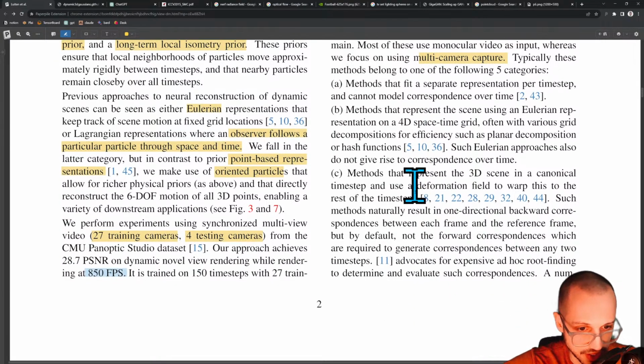So these are different types of NeRFs that are trying to add the time element in different ways that people have added them. Methods that represent the 3D scene in a canonical time step and use deformation field to warp this. Such methods usually naturally result in one-directional backwards correspondences between each frame and the reference frame, but by default not the forward correspondences which are required to generate correspondences between any 2 time steps.